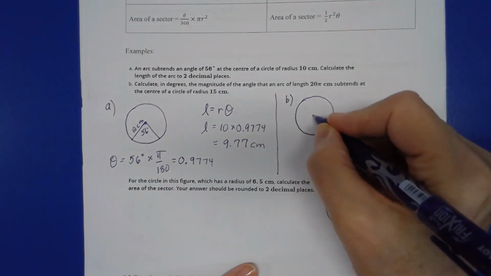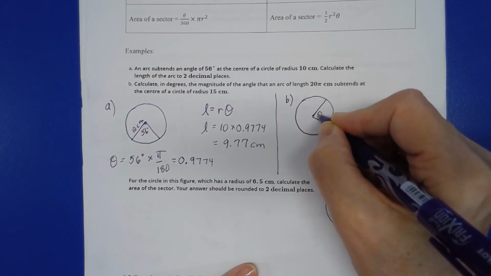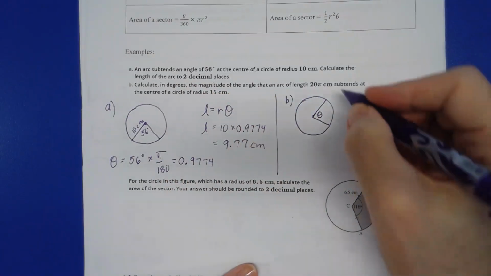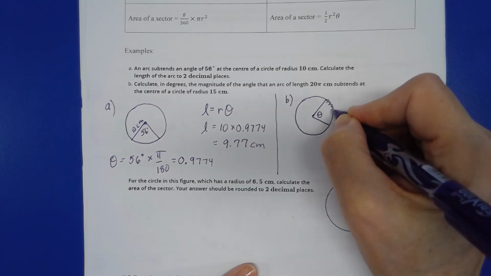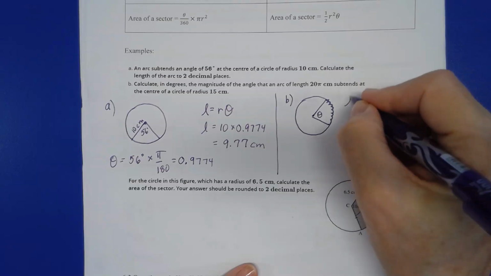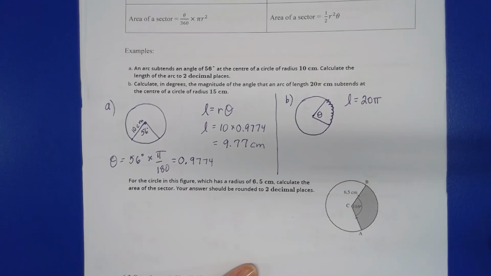I don't know what the degrees are. Calculate in degrees the magnitude of this angle. The arc here, the length of the arc, is 20 pi. And the radius is 15.